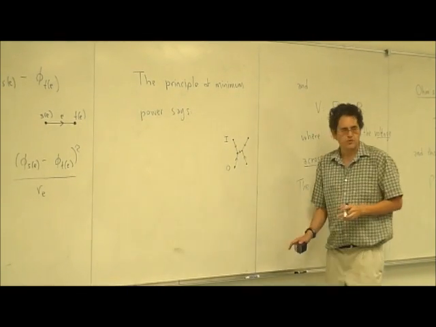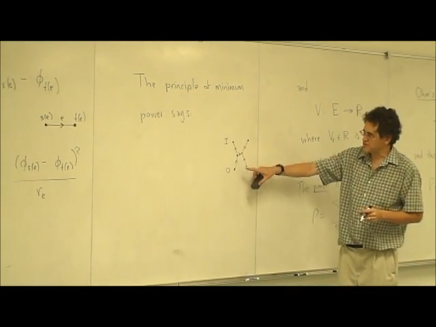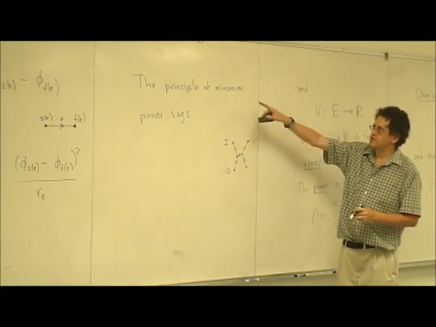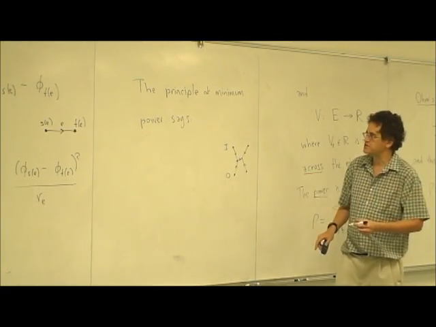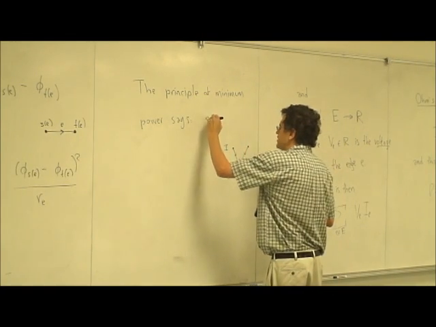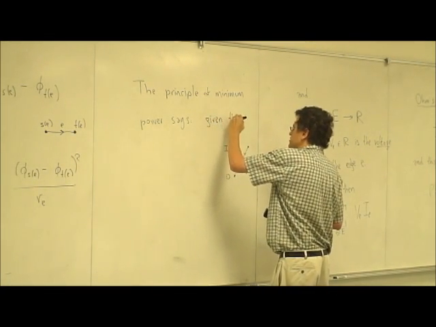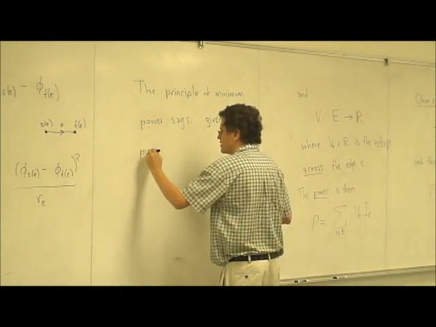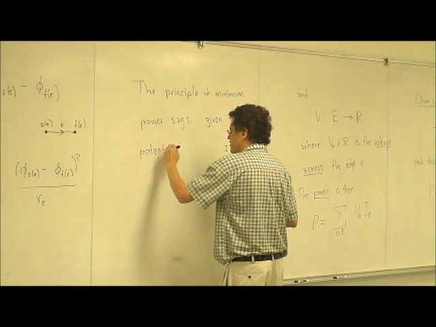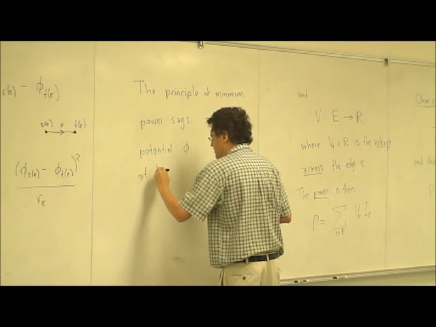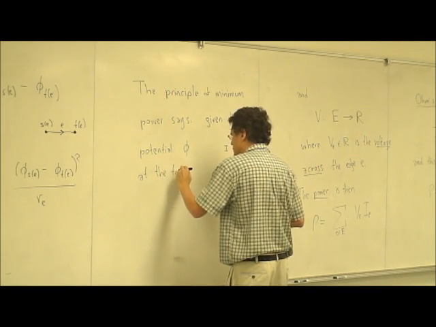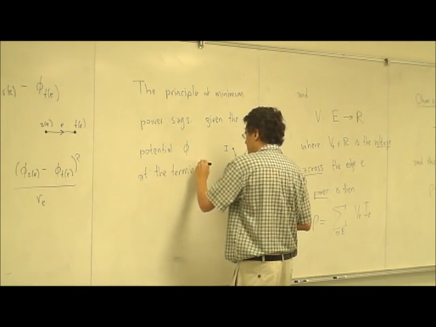So the idea is we'll fix the potential at the terminals, and then the principle of minimum power tells us what the potential does at the other nodes. So it says given potential V at the terminals, so you get to pick that.